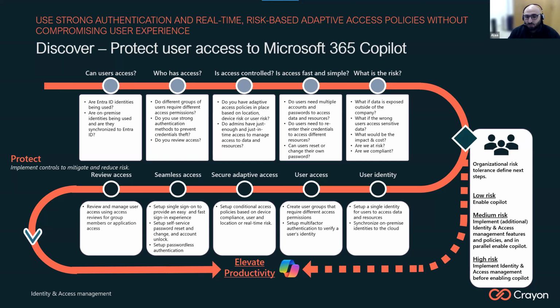When deploying Microsoft 365 Copilot, it is essential to understand the risk involved to ensure secure access to the data. Here is how we can protect user access. First, we need to know who accesses the data and how.